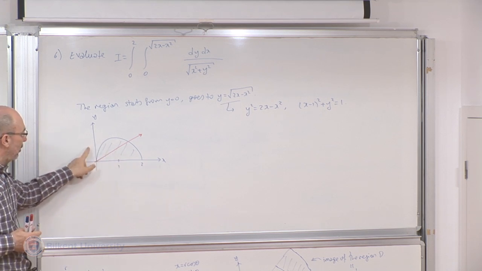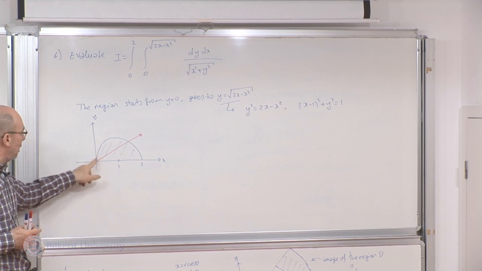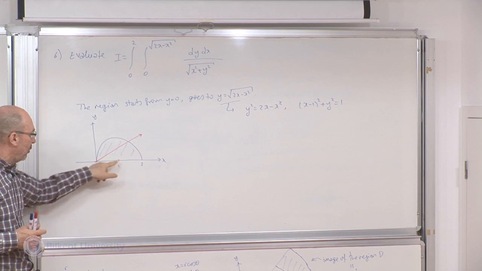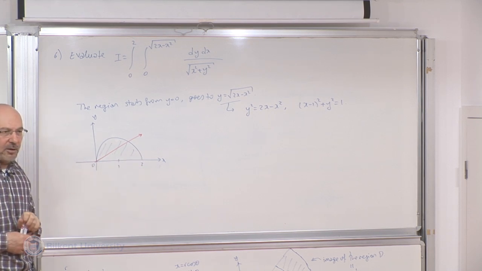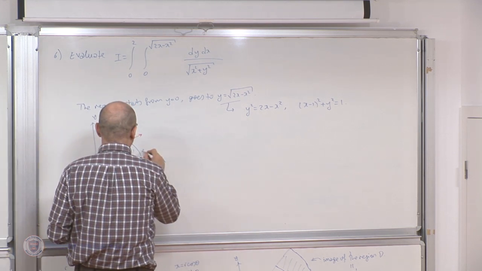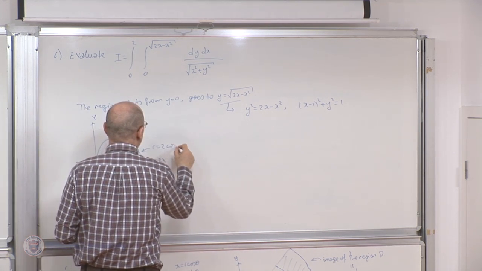It goes up, and then at pi, it is here. So that circle is this one. But I have to go up to here, so r equals 2 cosine theta.